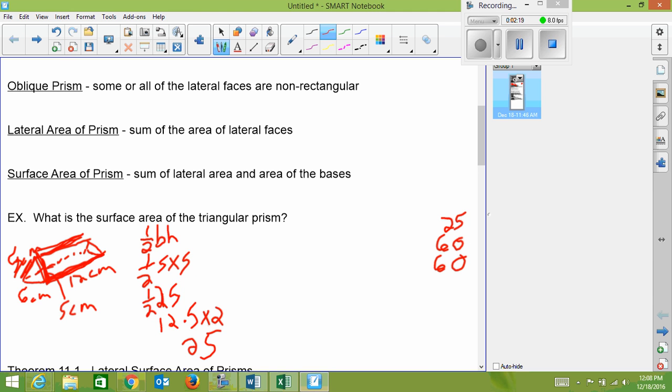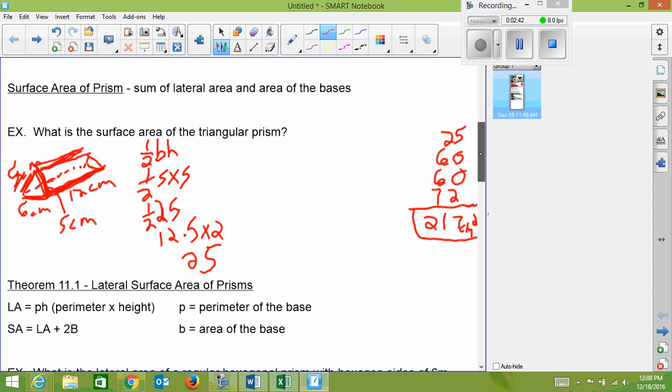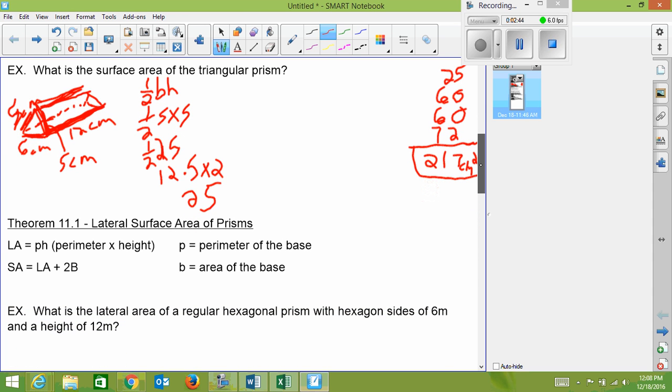The bottom is going to be 12 by 6, so that would be 72, because the area of a rectangle is base times height, so that's pretty basic. So I get 217, and make sure that we label it with square centimeters. So you're simply finding the area of each face and adding it all back together for the surface area of prisms.